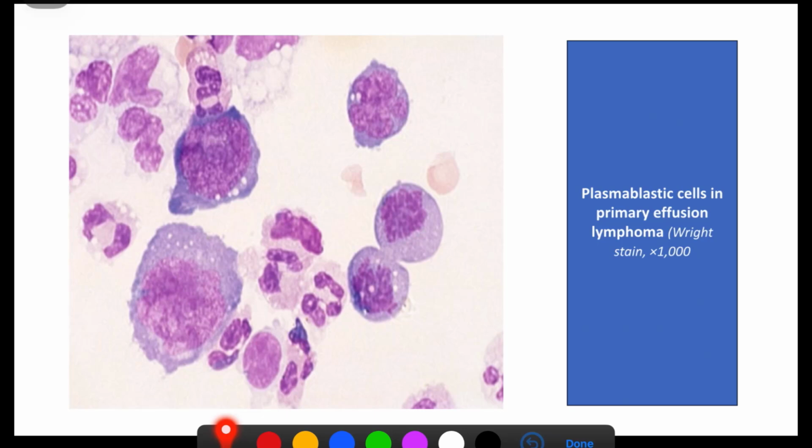Here is a smear from primary effusion lymphoma. The serous effusion shows plasmablastic cells with plasmacytoid appearance, where you can identify a peripherally pushed or eccentric nucleus, irregular nuclear membrane with abundant cytoplasm. Some of the cells show prominent nucleoli.